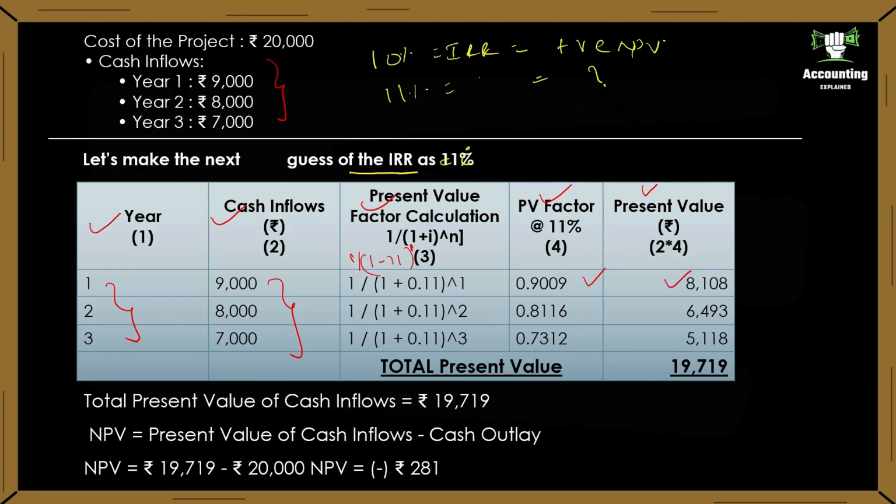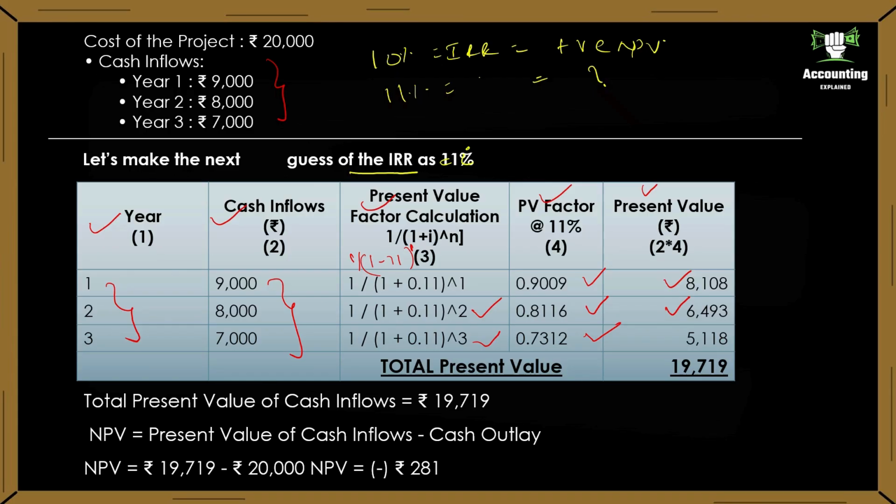Second year, it is 1 by 1.11 to the power of 2, it is 0.8116. The present value of cash inflow for the second year is 6,493. Third year, it is 1 divided by 1.11 to the power of 3. On simplification you get 0.7312 as the present value factor at 11%.